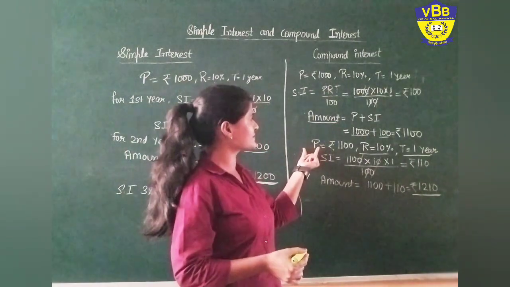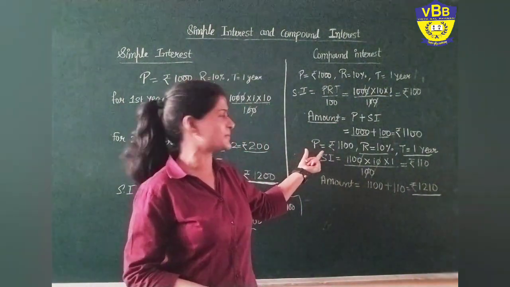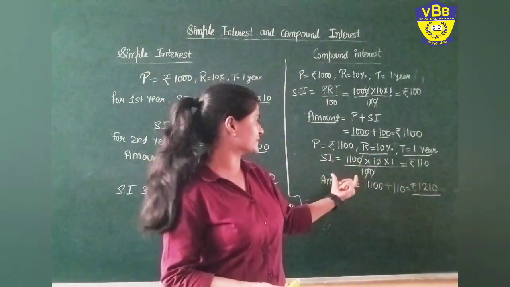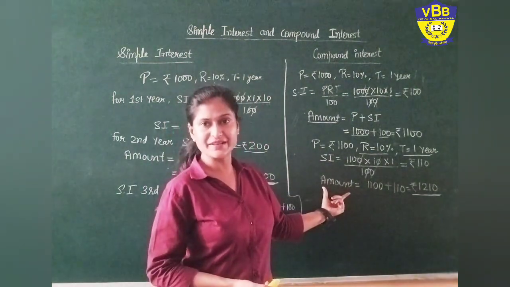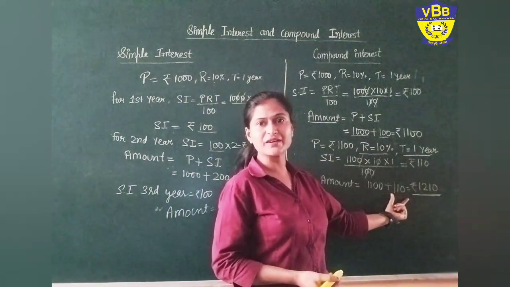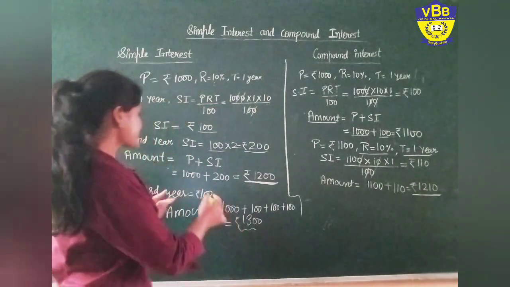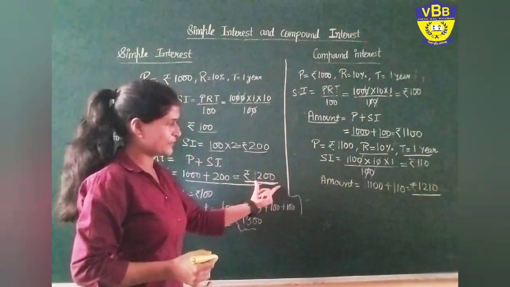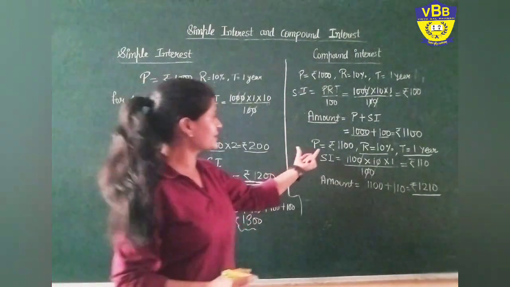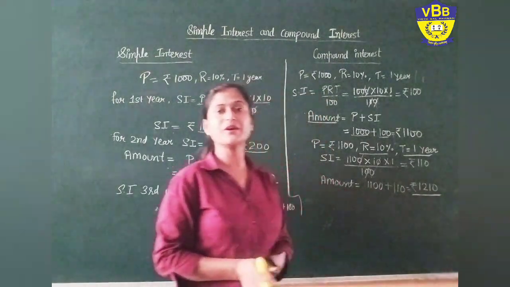But in case of compound interest, the interest will be 110 rupees. 10 rupees extra we are getting in the second year. What will be the amount? That is 1100 plus 110, that becomes 1210 rupees. In simple interest we got 1200 for the 2 years, but here we are getting 1210 for the 2 years.